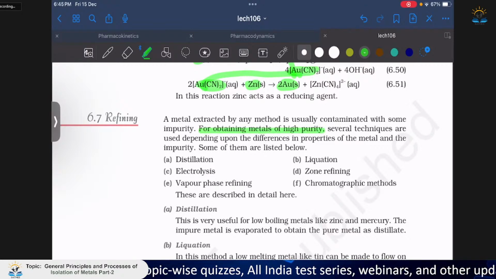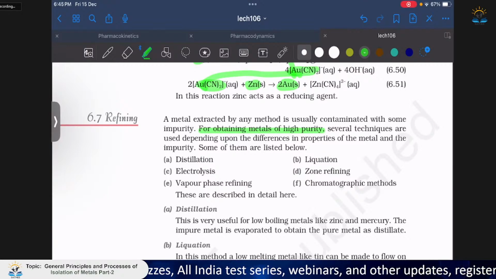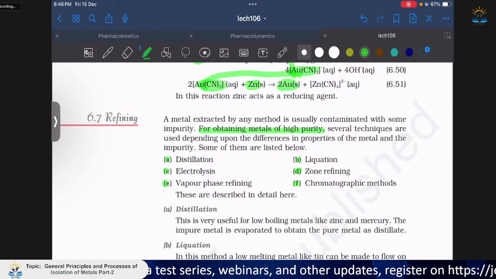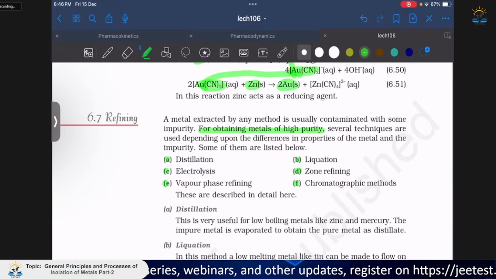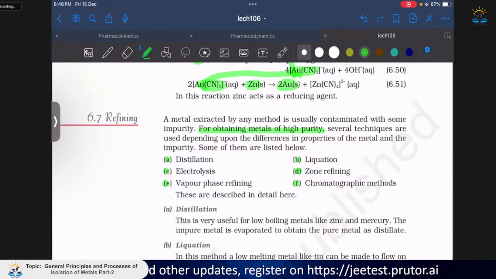For obtaining metals of high purity, several techniques are used: distillation, liquefaction, electrolysis, zone refining, vapor phase refining, and chromatographic methods. Remember all of these techniques by name because they will ask you this in MCQs, like which of the following is not a method of refining metals. So you should remember these.